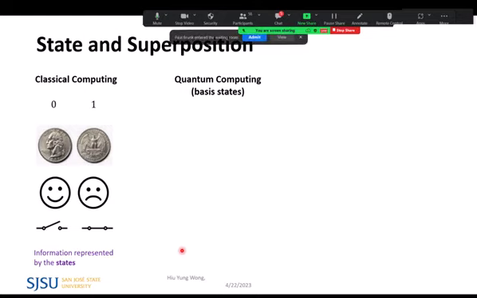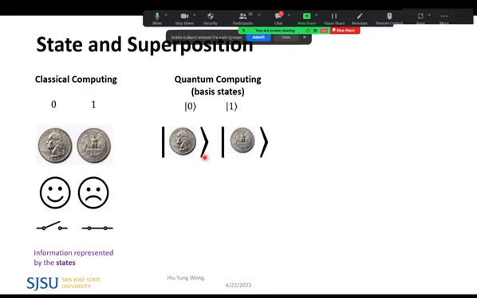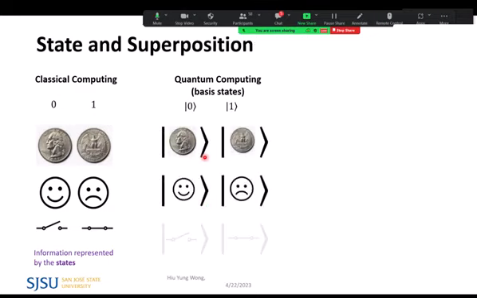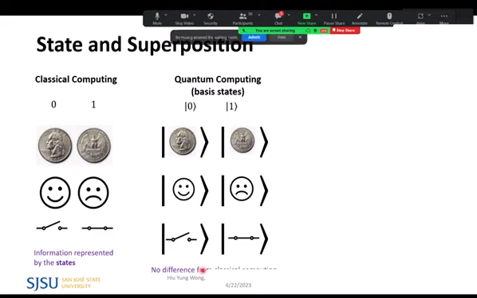It's just like the x-hat, y-hat, and z-hat in our 3D space. So using the same token, I can represent the basis states by head and tail, happy and sad, or a transistor being on and off. And there's no difference between quantum computing and classical computing if you limit the quantum computer to only operate on its basis states.